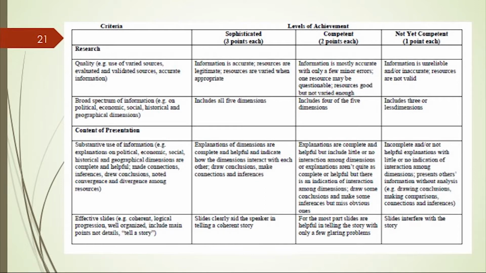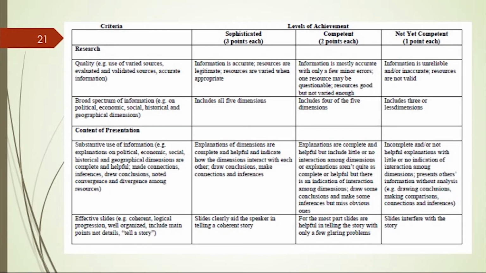The other aspect in terms of research that the examiner is looking at is the broad coverage of information. This is from the history subject, and the examiner wants the student to cover research in the areas of political, economical, social, as well as historical relevance.